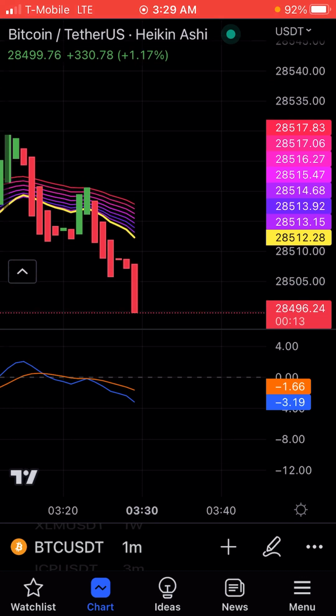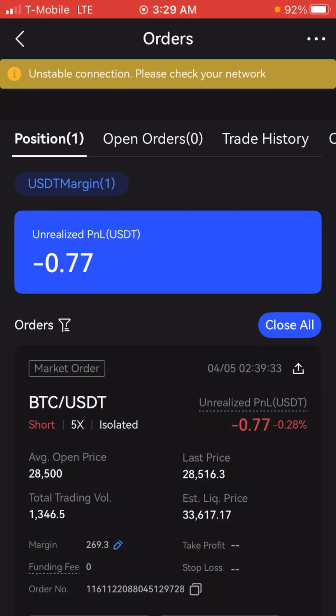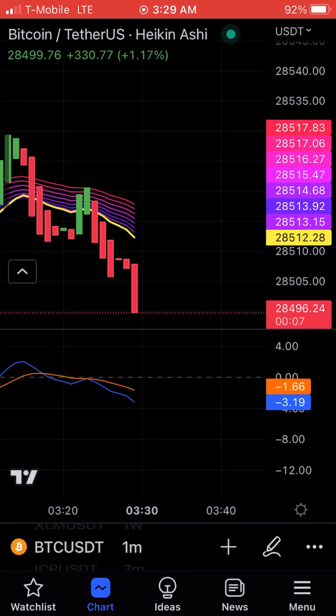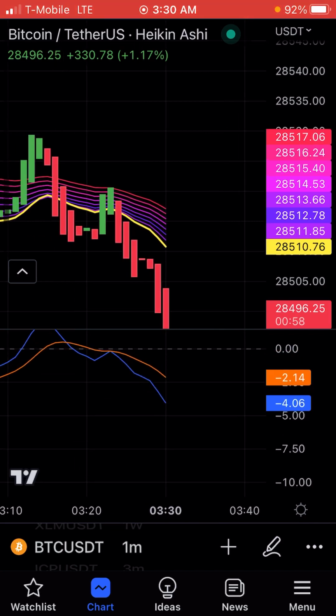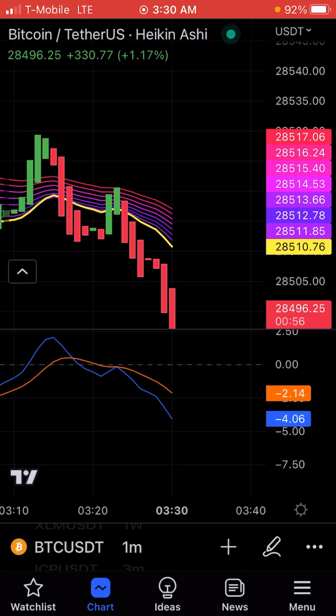So let's just see if I'm in gains yet. Yeah, I'm up 14 cents now. So if this keeps going down, I'll have a little bit of profit, and then you just redo this cycle all over again. It looks like right now that the trend is starting to go down, so I'm currently in gains. So I'm going to just wait this out and take some gains a little bit.